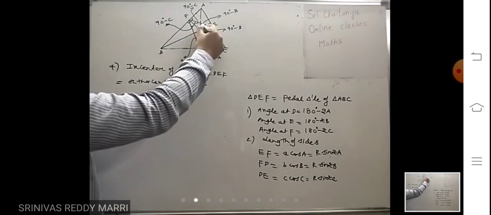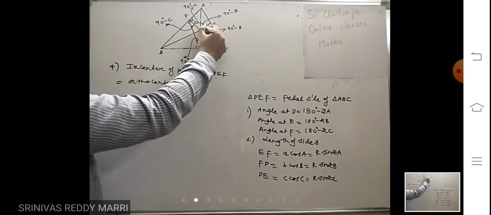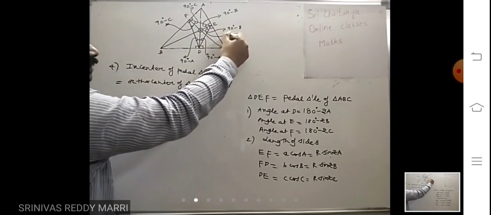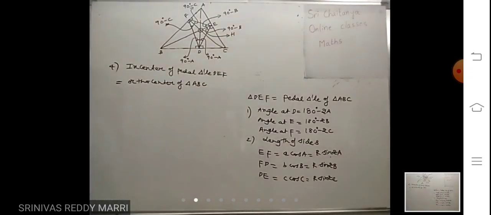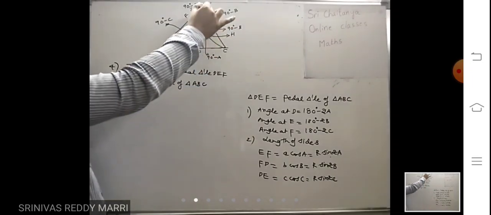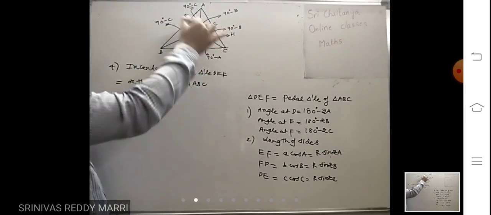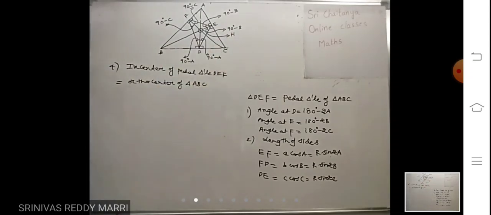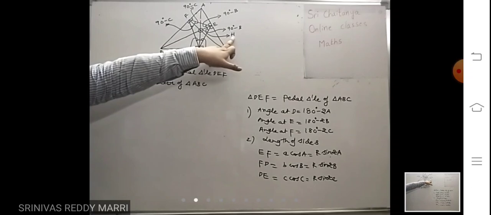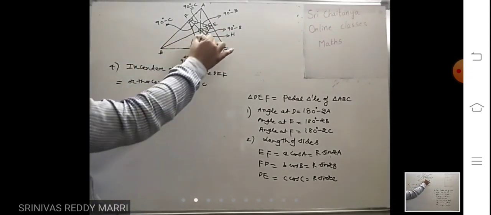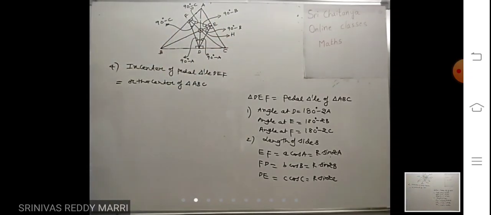For triangle ABC, this is the orthocenter, the point I am marking. What is it for triangle ABC? That is H, because it is the point of intersection of altitudes AD, BE, CF. That is nothing but the orthocenter. Now look at triangle DEF.